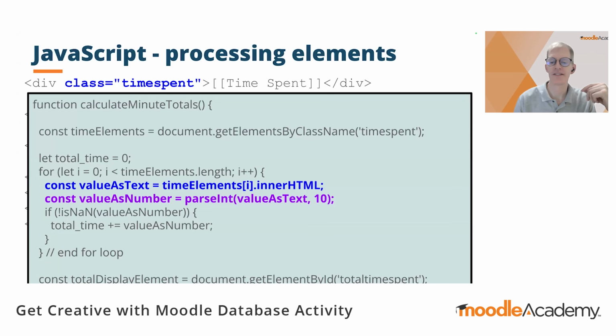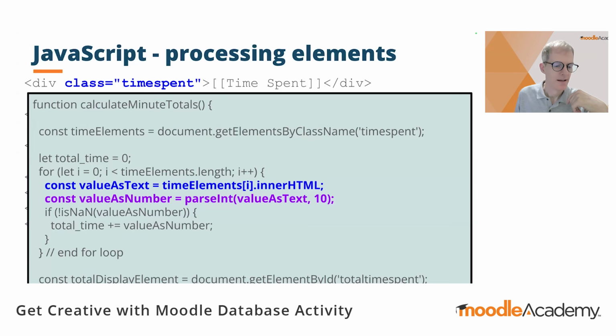It just sees everything as kind of alphanumeric text. So the 10 in that function says parseInt value as text, 10 is a radix, which says convert this text into a number with the base 10, okay? And that conversion is going to happen, and it's going to be assigned to value as number.